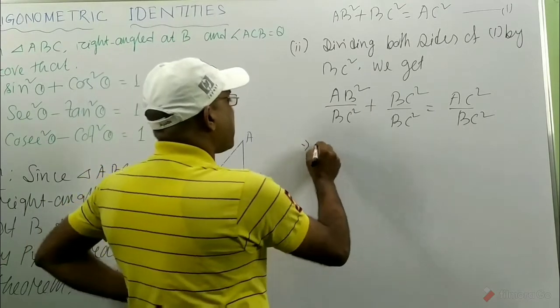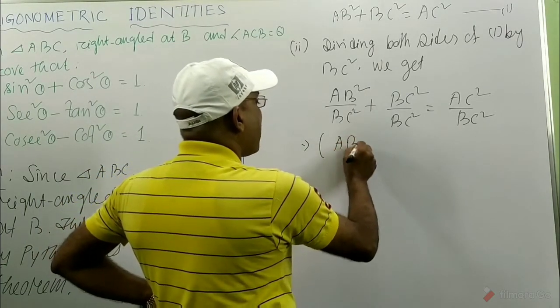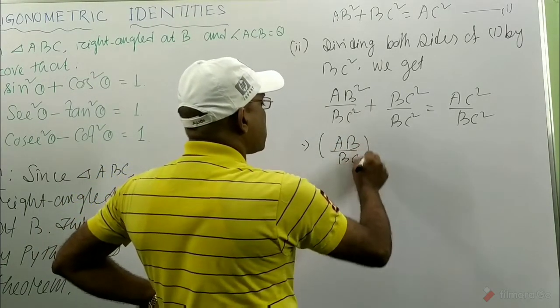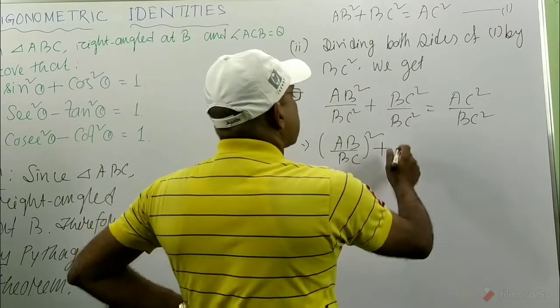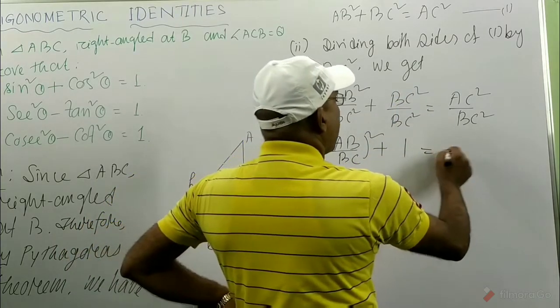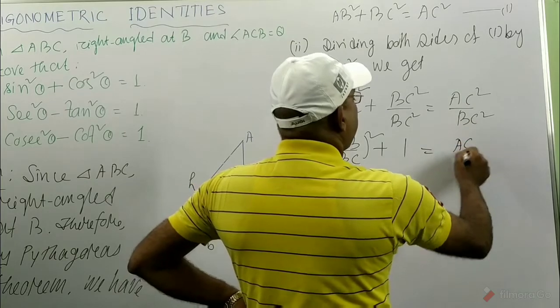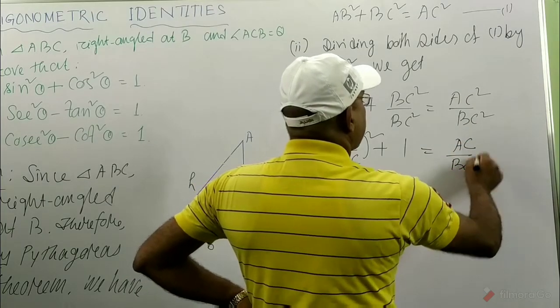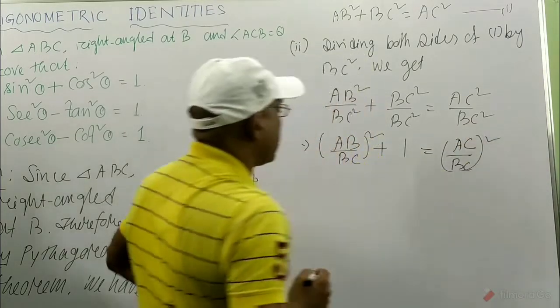Now we can write this as AB by BC whole square plus 1 equal to AC by BC whole square.